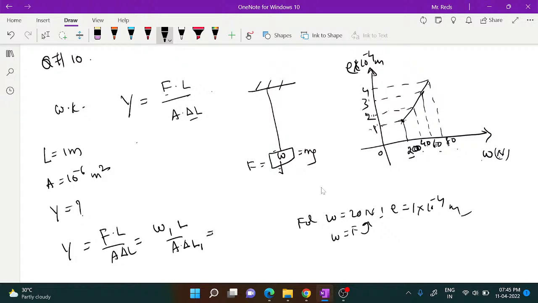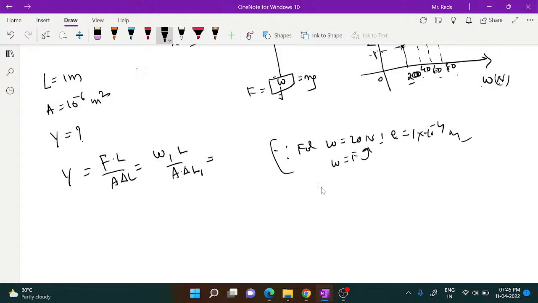For W equal to 20 Newton, E is 1 into 10 power minus 4 meter. Then you get W1 is 20 into length 1 meter by area 10 power minus 6, into the corresponding extension 1 into 10 to the power minus 4.